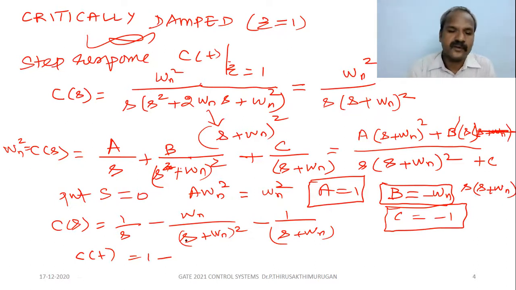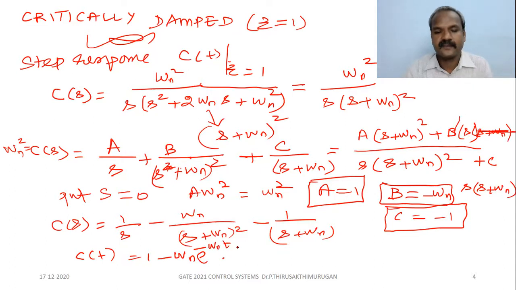Here we can apply the shifting theorem. The new denominator becomes s square, and 1 by s square is t. So 1 minus omega n t e power minus omega n t, minus of this directly, this s plus omega n gives e power minus omega n t.